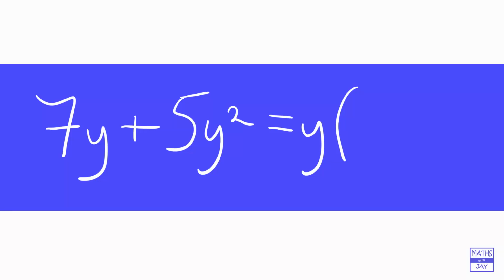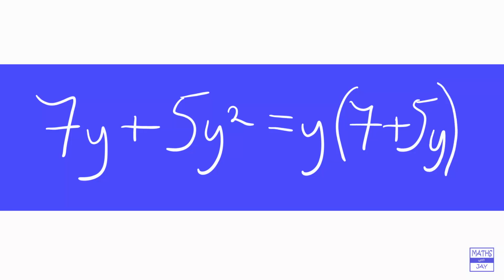So to get 7y, we simply need a 7. And to get 5y squared, well, we'll need a 5, but to get the y squared, we need to multiply y by y, so 5y. So y times 7 is 7y, y times 5y is 5 times y squared, so that's giving us 5y squared.